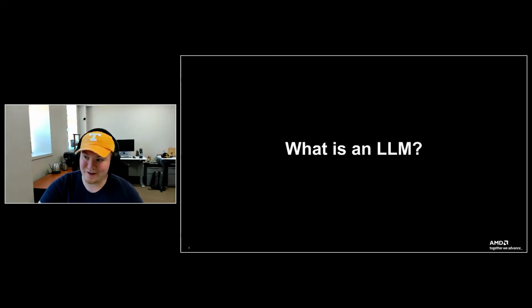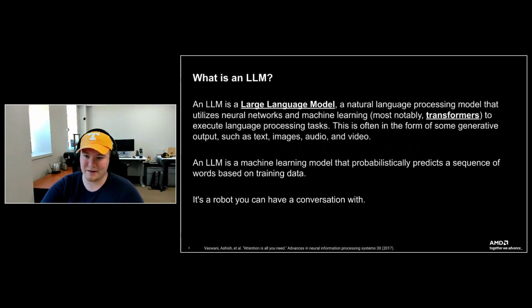There are a lot of initialisms when dealing with this space between ML, DL, AI, and LLM. It's a little bit confusing. So we're going to motivate this with the simple question: what is an LLM? Very simply, an LLM is a large language model, which is just a natural language processing model.